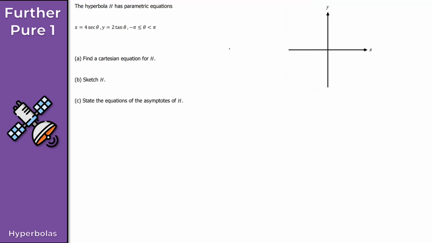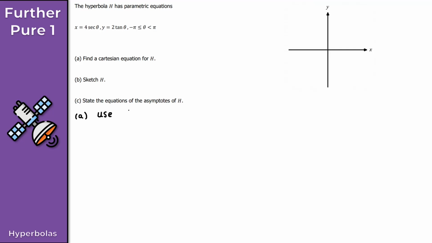So moving on to the very last question here, question 2, where as we can see then, the hyperbola h has the following parametric equations here. Now for the first part of this question, then part A, all we want to do is find a Cartesian equation for the hyperbola h. So to get us started here then, what we need to do is use one of our trigonometric identities from A-Level Maths.